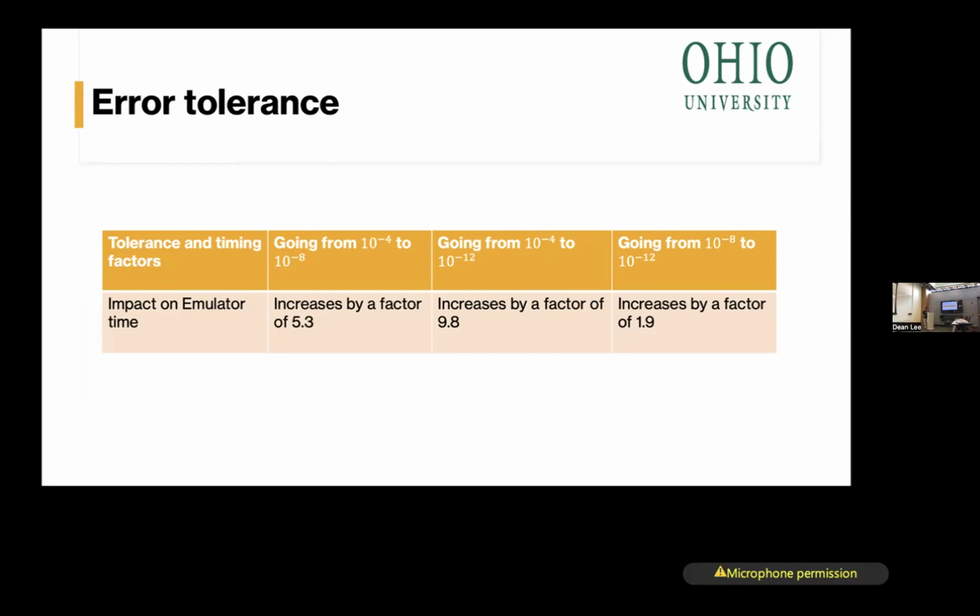Other questions? While you're on this slide, do you have a sense of how accurate you need the emulator to be? Like, is 10 to the minus 4 fine for the quantities you're considering? Yeah, experimentally, cross sections are compared up to 10 to the power -5. But we want to be more precise. So you might end up having to get down to 10 to the minus 7 or something. Or 10 to the minus 8.